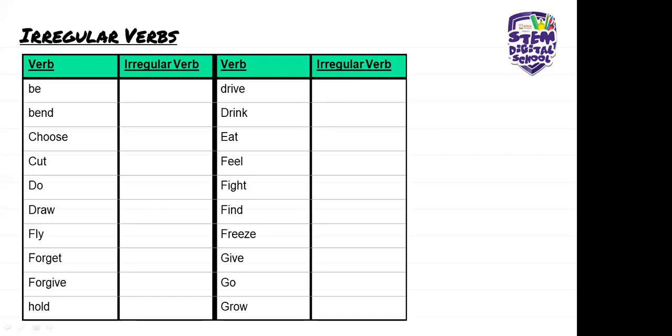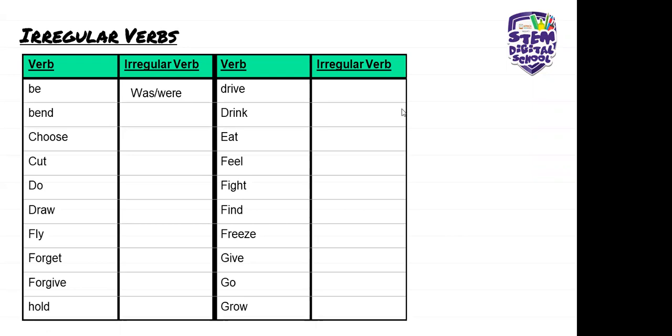Give me the irregular verb of be, please. The top one. It's was or were. Okay, the irregular verb of be is was or were.